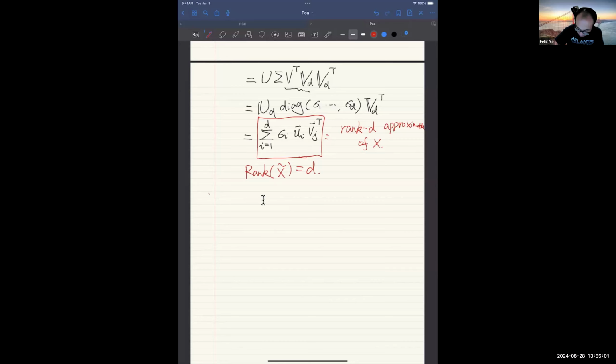So the key here is, if my original data are approximately D-dimensional already.